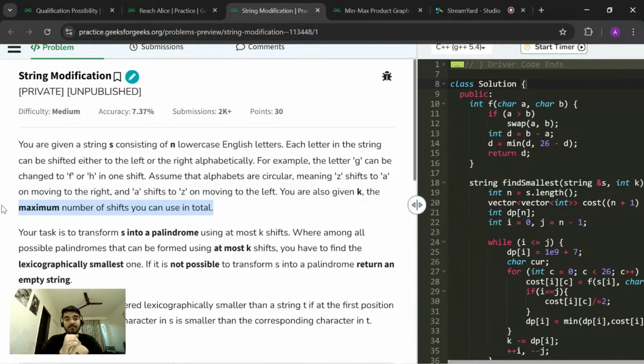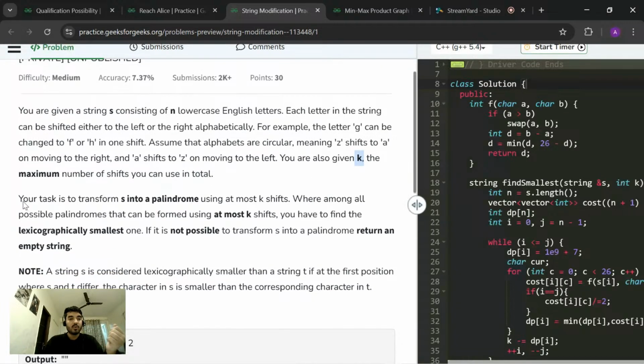For any character you can use multiple shifts, and in total the number of shifts that you have used over all the n characters must be less than or equal to K. So you need to transform S into a palindrome using at most K shifts, and among all the possible palindromes that can be formed using at most K shifts, you have to find the lexicographically smallest one.